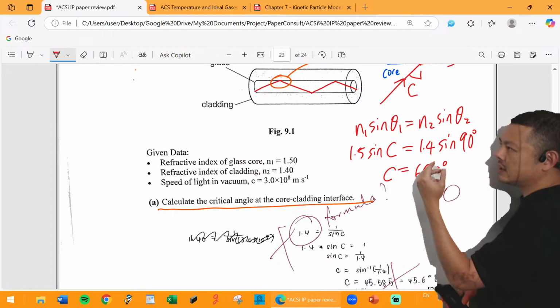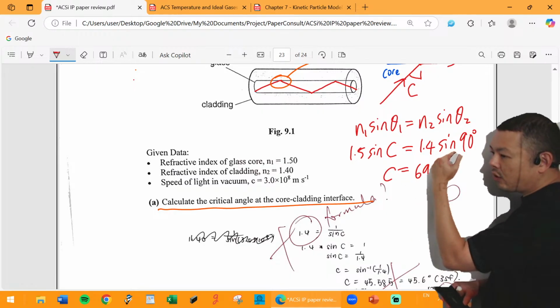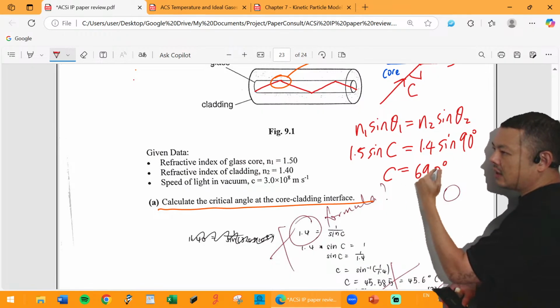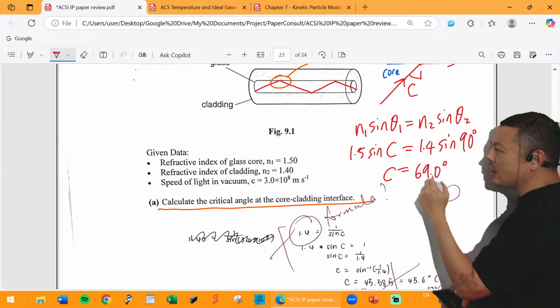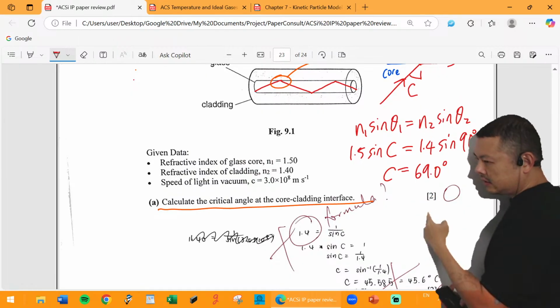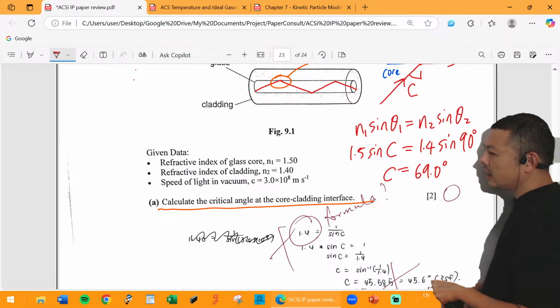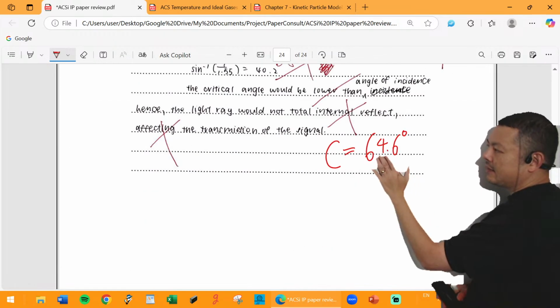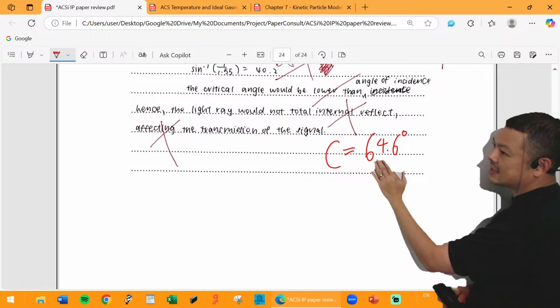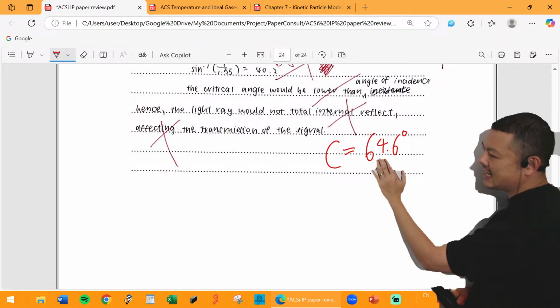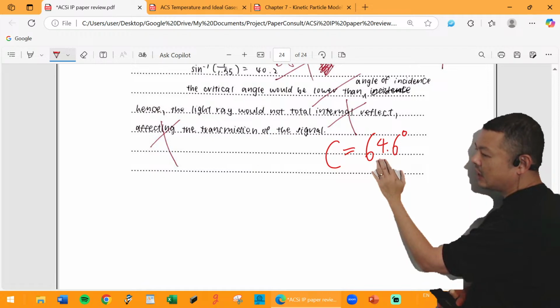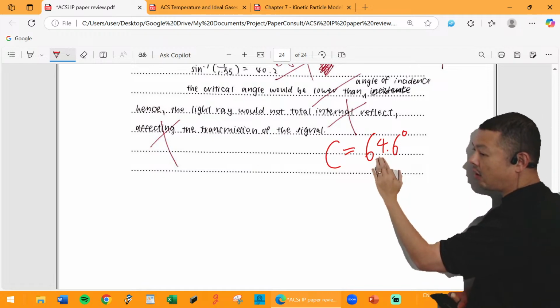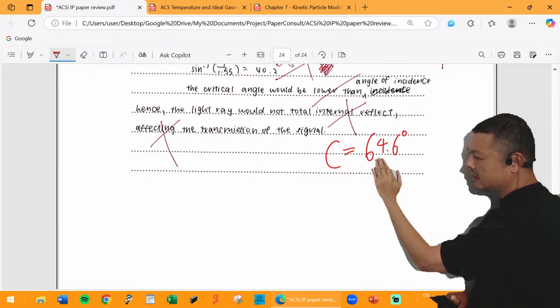So the chance, which means that your light rays, if it's smaller than 69, will be lost into the cladding. But if the critical angle is smaller, so let's say you're 65 degrees or 66 degrees or 67 degrees, now you will no longer be lost to the cladding, correct?